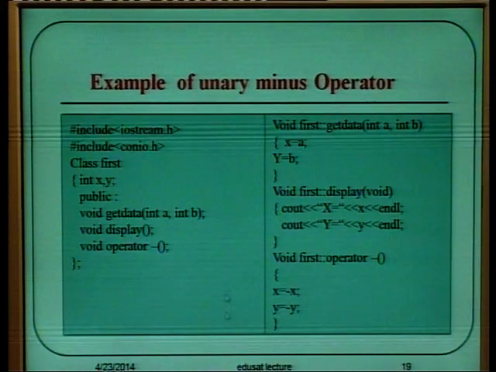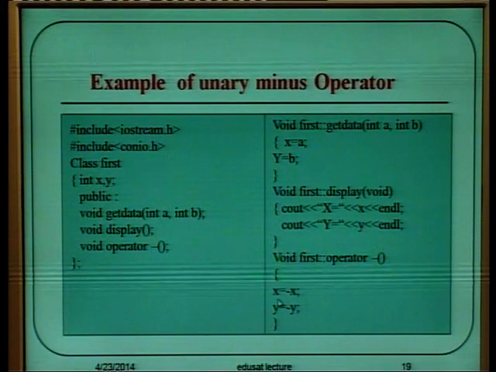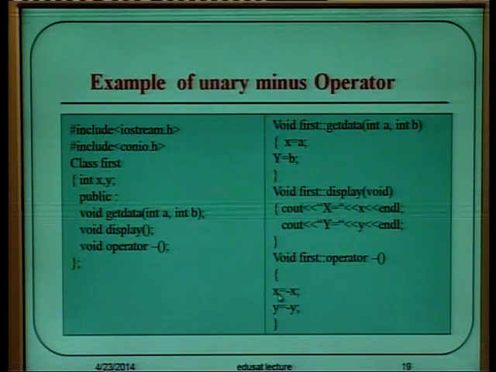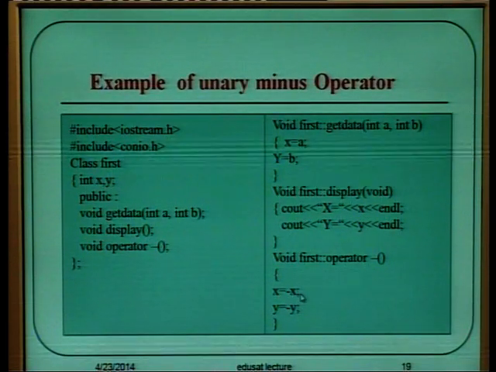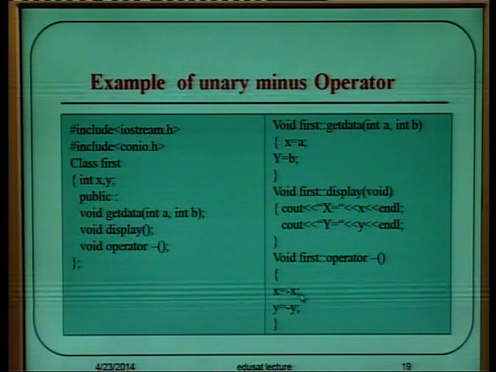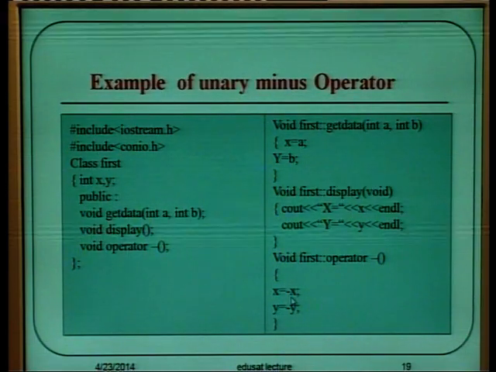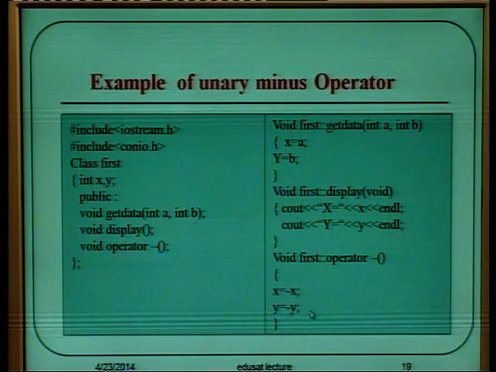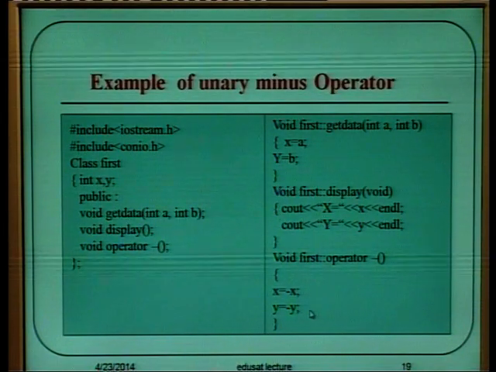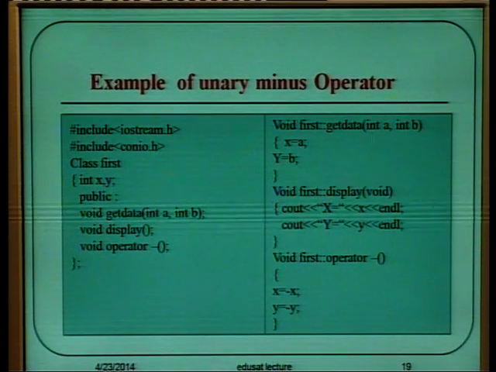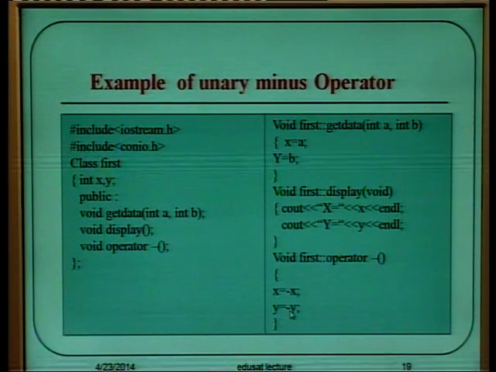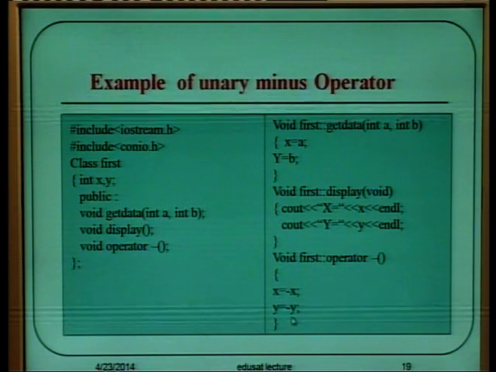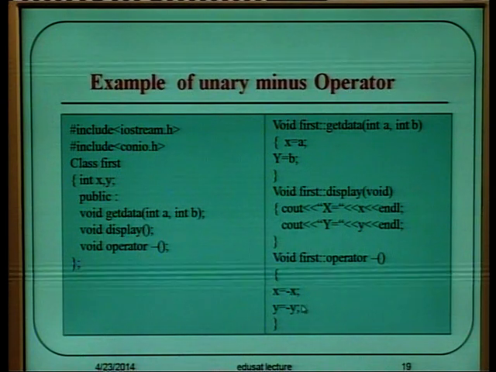After performing the operation, the value is converted to minus x. If x is 20, then it becomes minus 20. Y is equal to minus y. That means if the value is minus 10, it changes to plus 10, because we are placing minus y here.